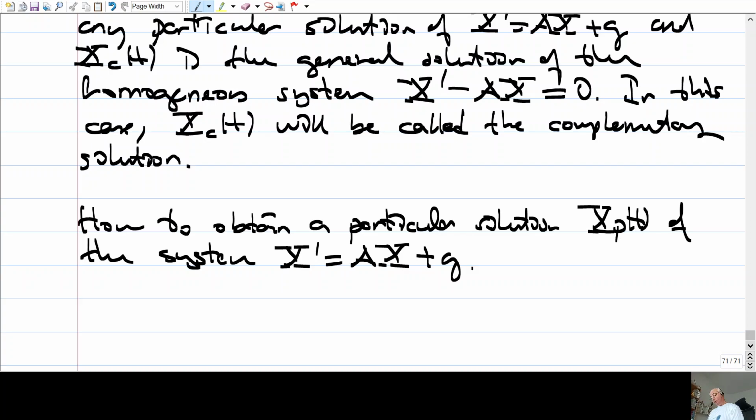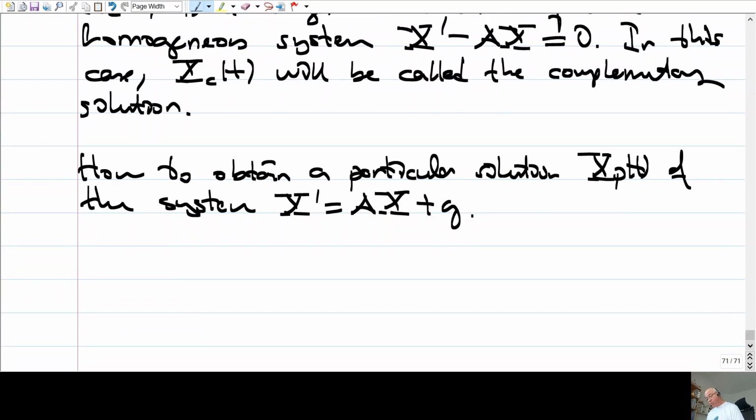Then there is a method called undetermined coefficients, but this is something we have to see first for ordinary equations, so I will skip that one too. And there is one using the Laplace transform, but we haven't seen the Laplace transform yet either. So I will give only variation of parameters, which works for all of them. That will be enough for our purposes.